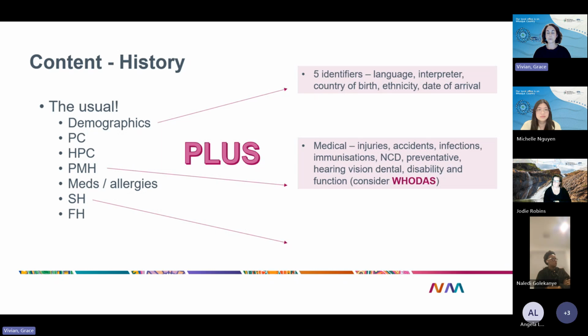Non-communicable diseases all over the world, hypertension, dyslipidemia, non-alcoholic fatty liver disease, these sorts of things are very, very common. Preventative care. A lot of our clients may not have had access to cervical screening, mammograms. One that surprised me when I started at HES was the amount of pathology relating to hearing, vision, and teeth.